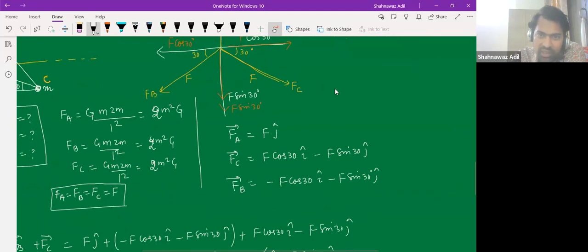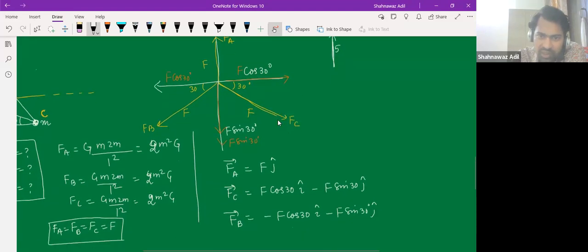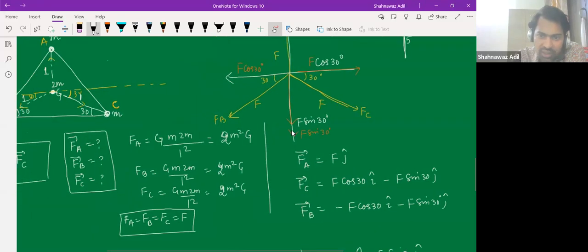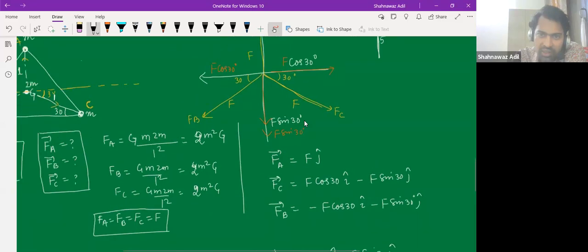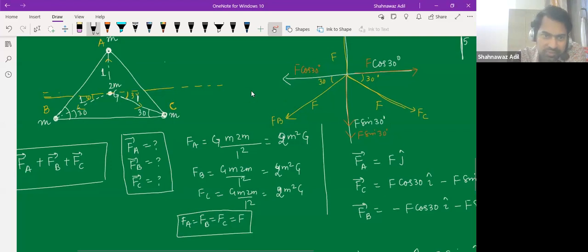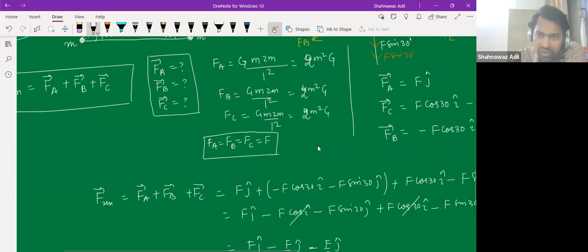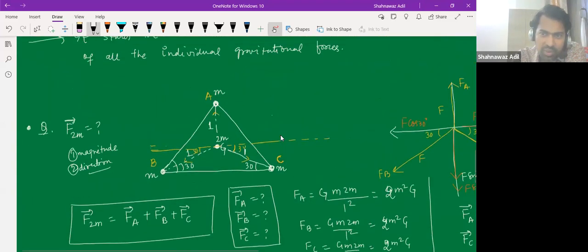That is minus F cos 30 and that is minus F sin 30. So this should be correct, right? So we will have this. The net force would be 0, so this would be in equilibrium.